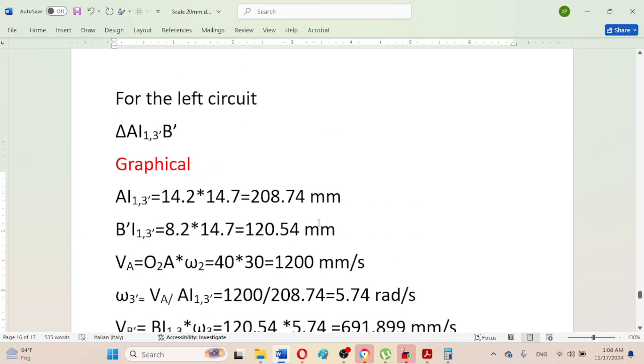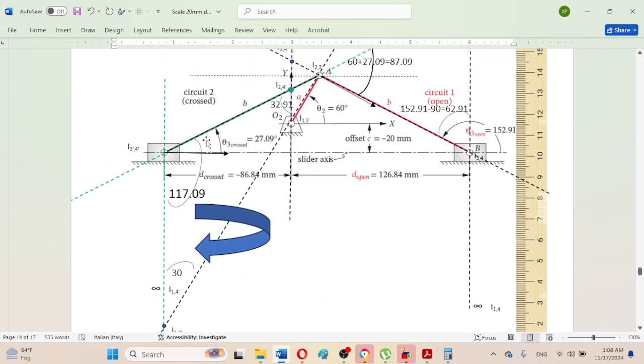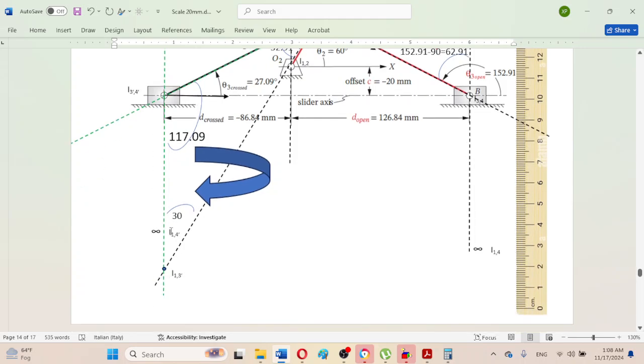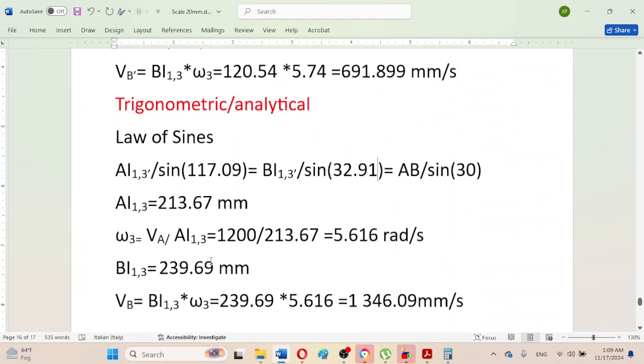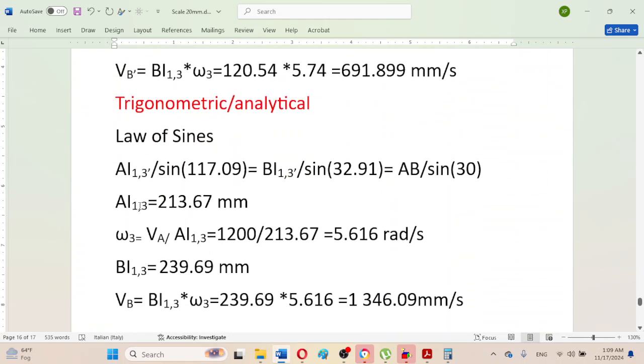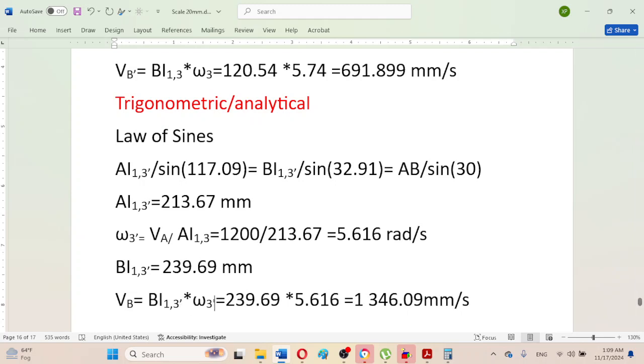The angle in front of AB, as we can observe here, is the same angle, sine 30, so that doesn't need to be changed. Now calculate AI13 dash and omega 3 dash, and BI13 dash in a similar manner. So now calculate the analytic result.